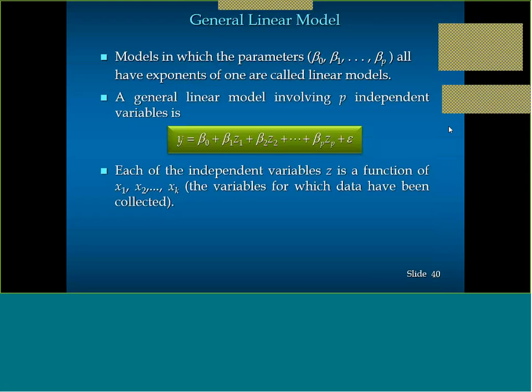Now in place of x1 to xp, I am replacing z1 to zp and calling them independent variables. But I am making a more generalized variable. That's why I am telling you z1 is a function of x1 to xp, z2 is a function of x1 to xp and so on, zp is a function of x1 to xp. Then it becomes a more generalized linear model.